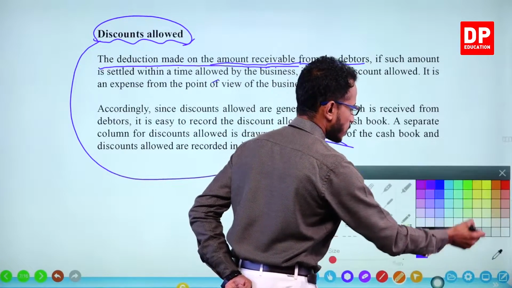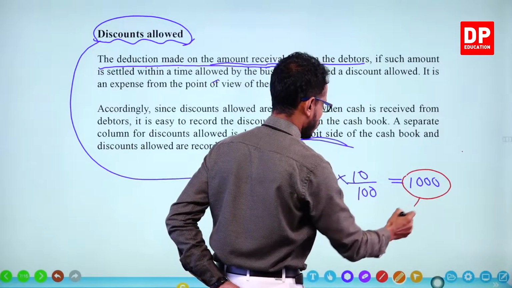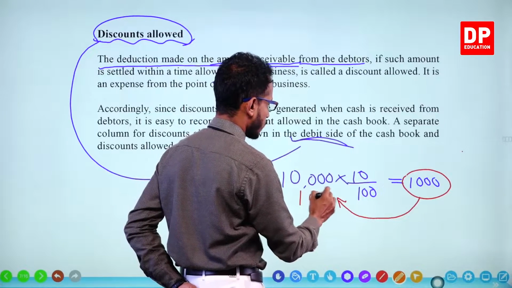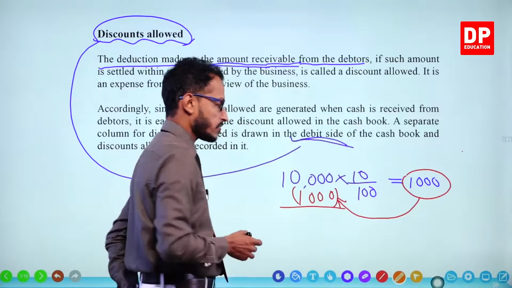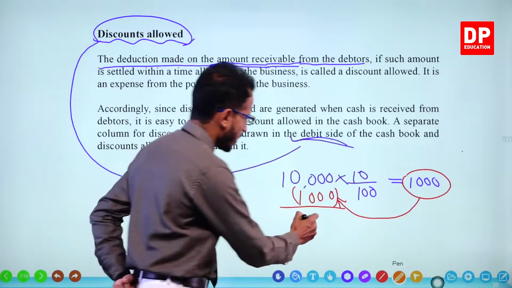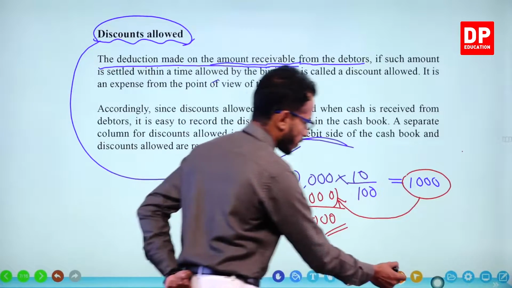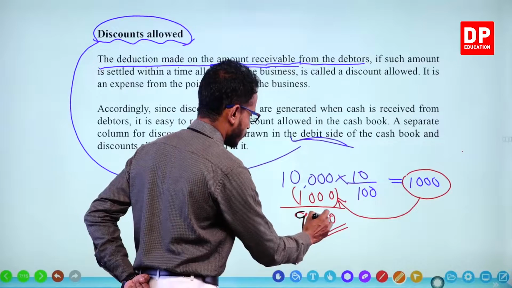This 1,000 is subtracted or deducted from 10,000, and you'll get only 9,000 from Siripala, right? This is the amount you are going to receive, 9,000.